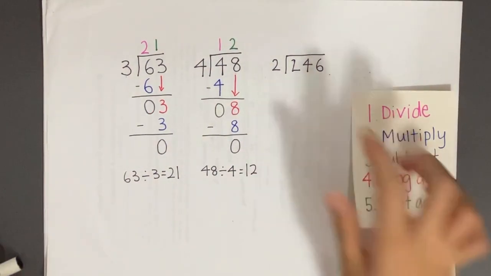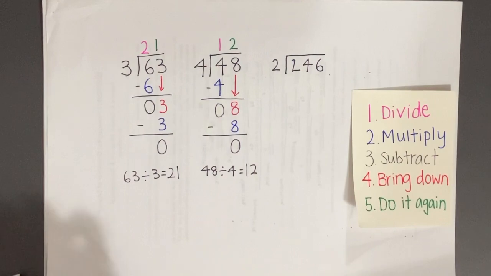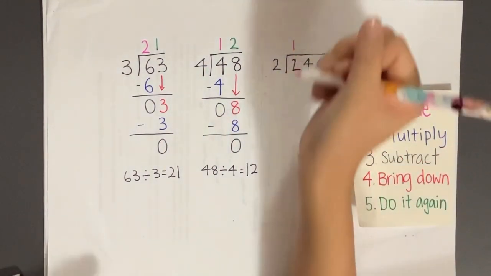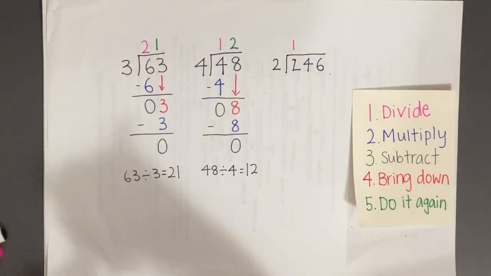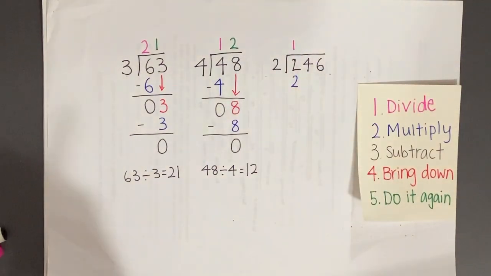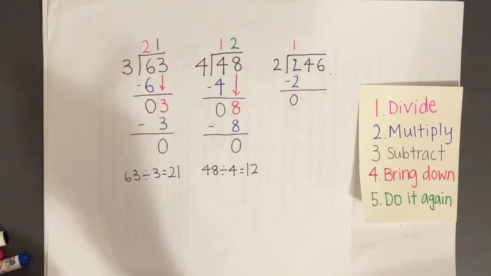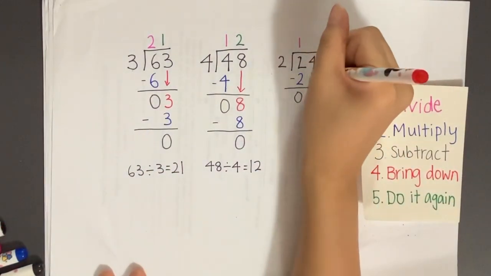And last but not least, our 3-digit numbers. 246 divided by 2. First, I take 2 divided by 2, which is 1. I multiply 2 by 1, which gives me 2. I subtract, it gives me 0. I bring down my 4.